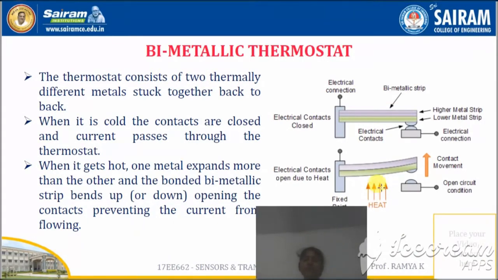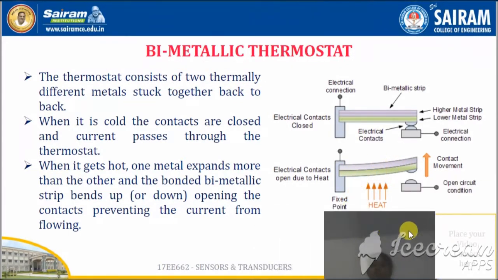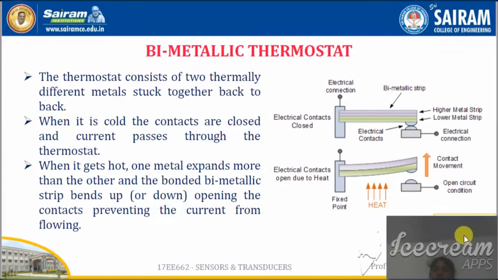When it bends, both metals will not have the same temperature. The metal with the higher temperature bends to a larger extent, and it causes the normally closed electrical contact to open. Hence the current stops flowing through the circuit.